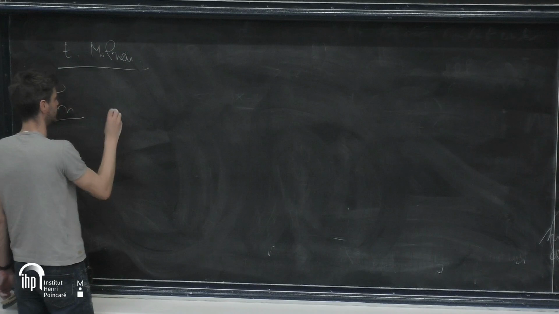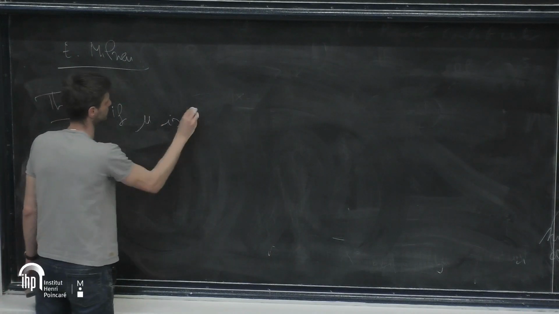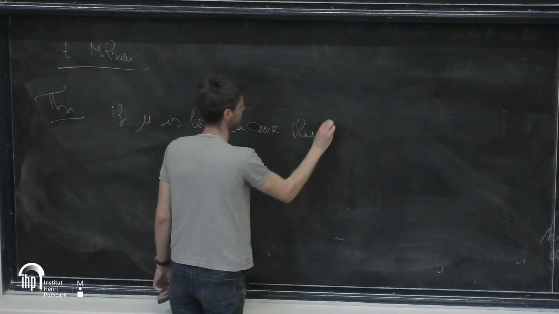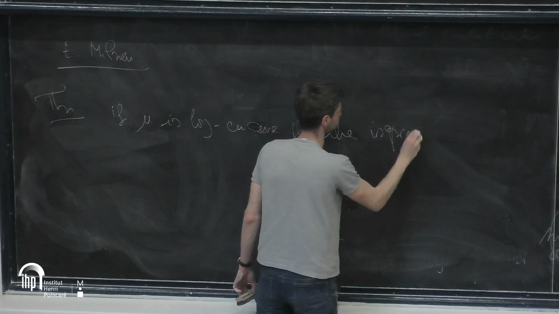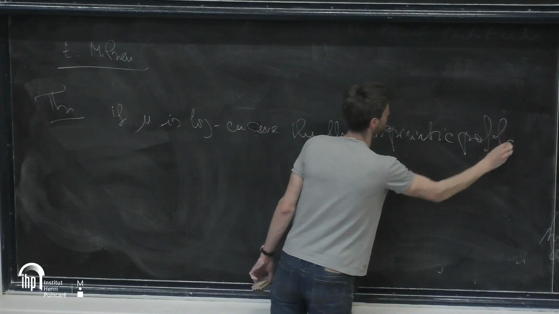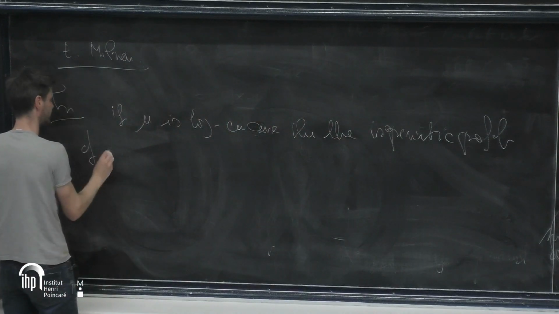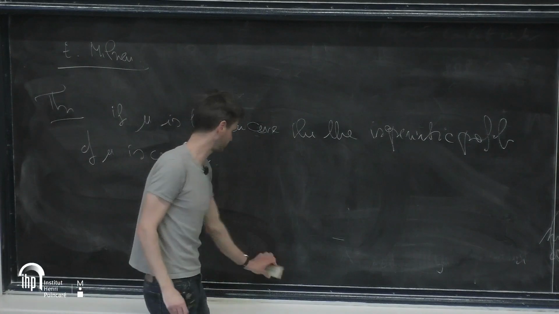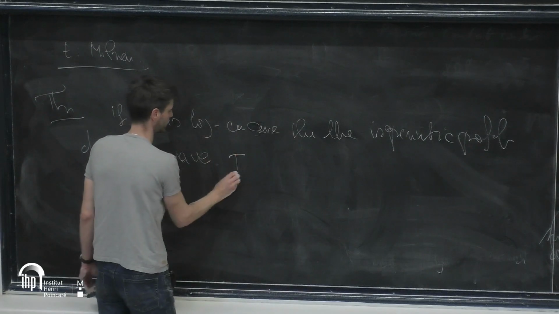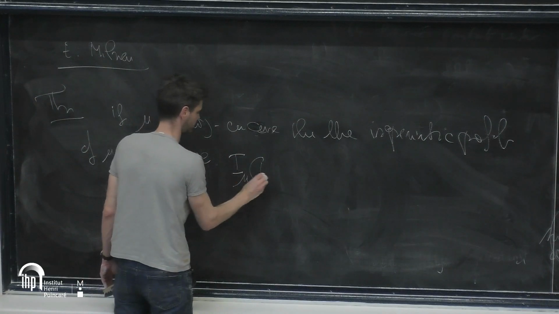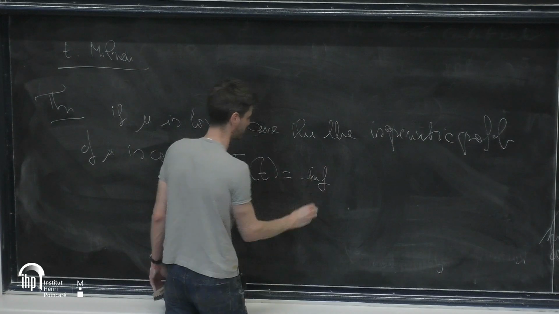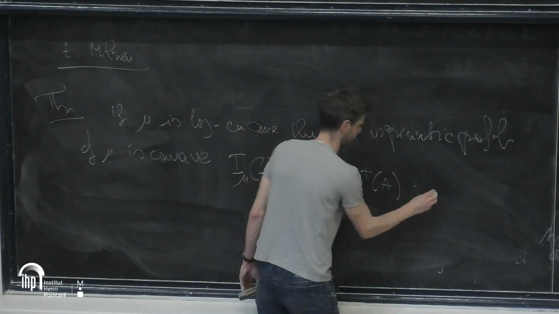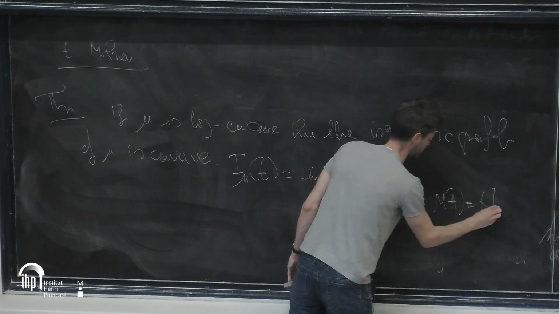If mu is log concave, then the isoperimetric profile of mu is concave. So what is the isoperimetric profile of mu? It's I mu of t, the infimum of mu plus of A over all A such that mu of A equals t.